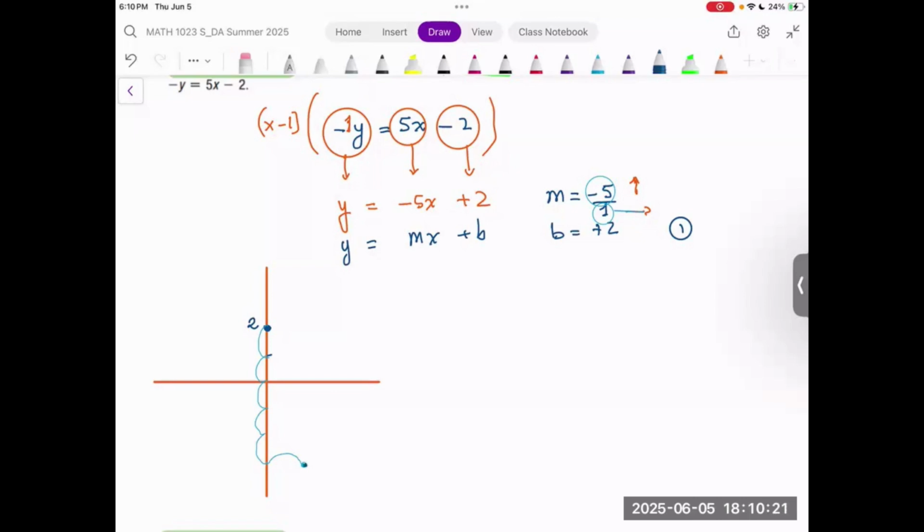This is going to be my second point. So I have 2 points. I can connect them together, and that's going to be my line, all right? Yeah, I missed it a little bit, but anyway, you get the idea. Everybody okay with this? Yes?